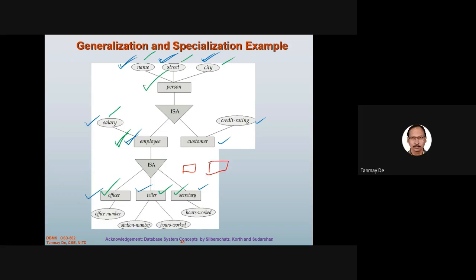So one of the customer entities may be present in this senior citizen entity set if the condition is satisfied, or maybe there is no condition and they can fall directly.